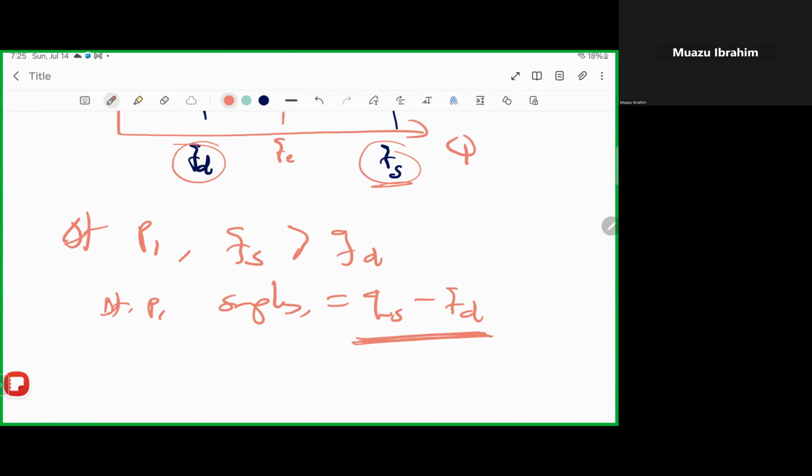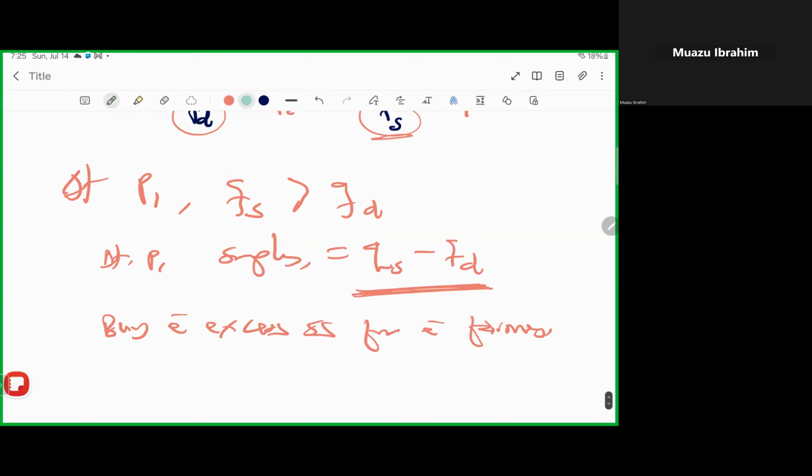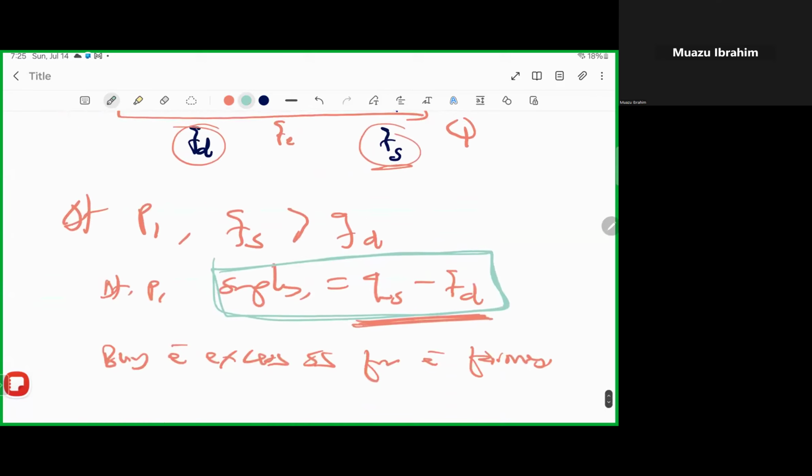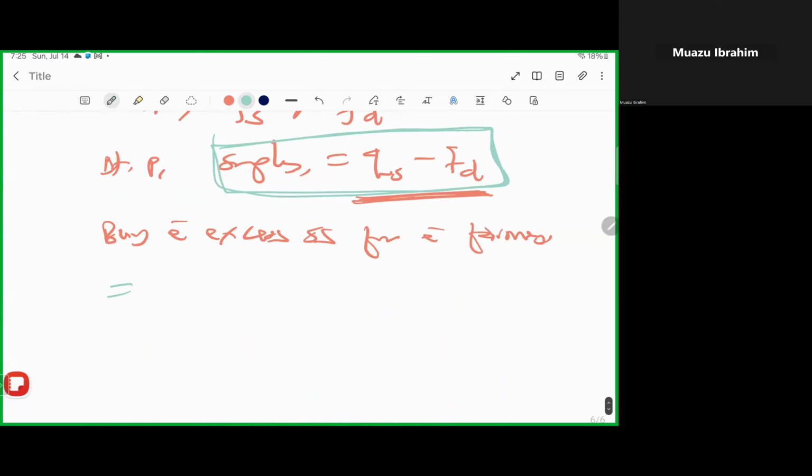So what should the government do? The government can step in to buy the excess supply from the farmers. And how much is the government coming to buy? The amount of surplus. So if government is buying the amount of surplus that is there, it means that the market will be cleared.